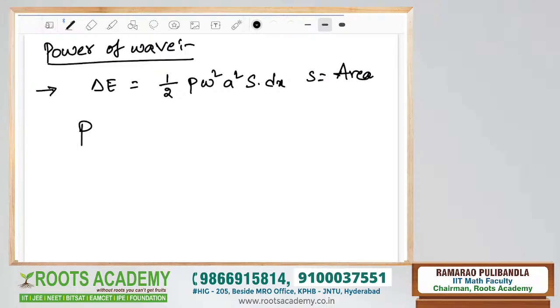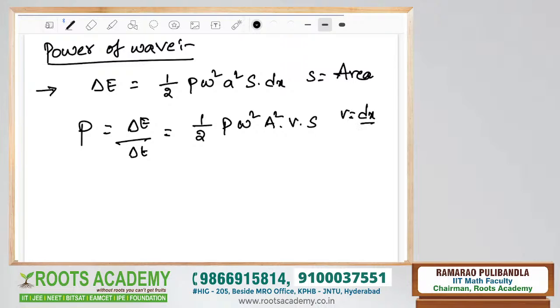And next, the power P is equal to delta E divided by delta t, that is 1 by 2 rho omega square a square into V into S, where V is nothing but dx by dt, that defines the speed. So this is the power of the wave.